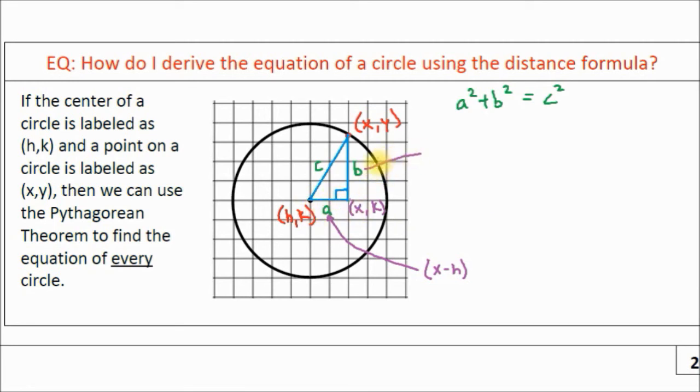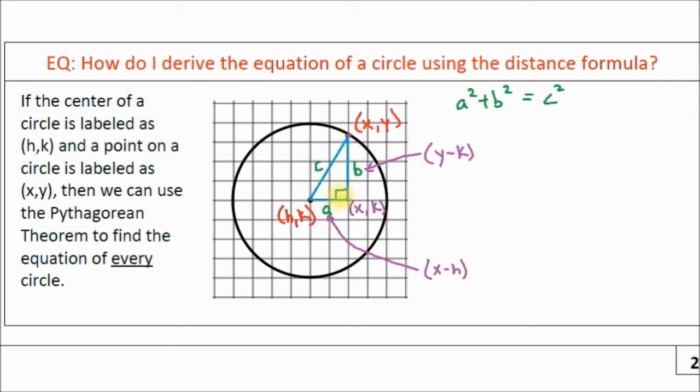This value right here, b, can be described by thinking about where this point is. The y value of this point is y, and the y value of this point right here is k. So if we take y minus k, that tells us how long this leg is.